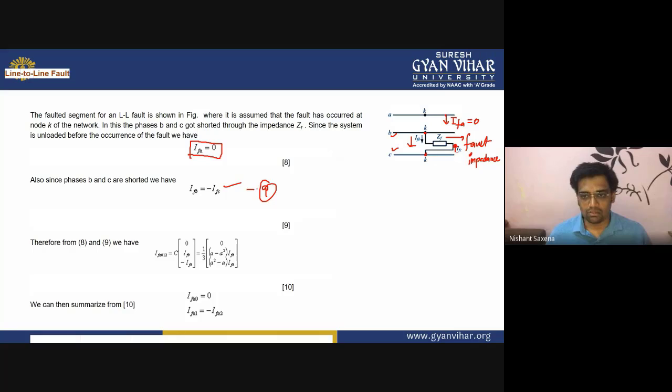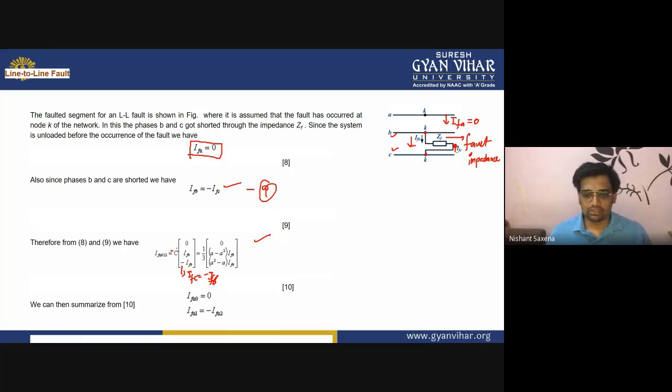From equations 8 and 9, I can write IFA012 is equal to the C matrix into IFA, IFB and minus IFB, since IFC is equal to minus IFB. So we have replaced the term IFC with minus IFB.